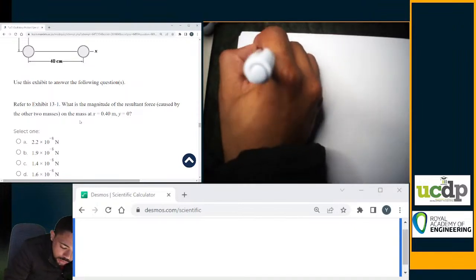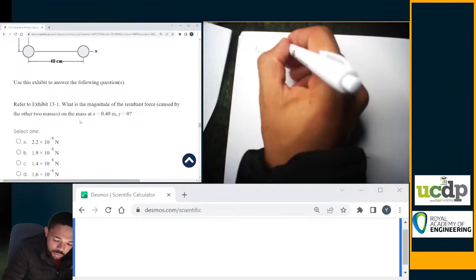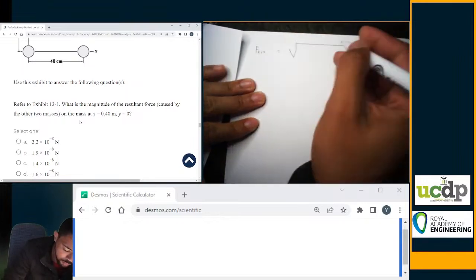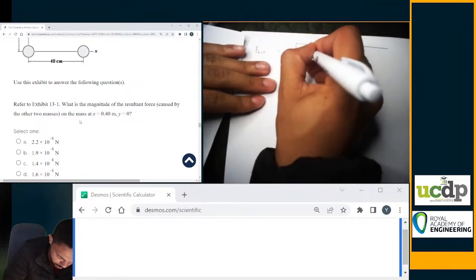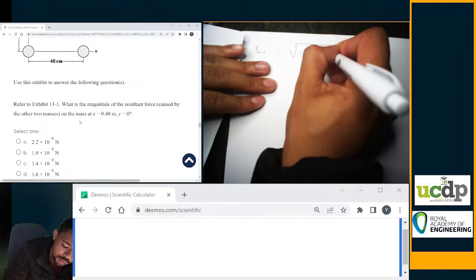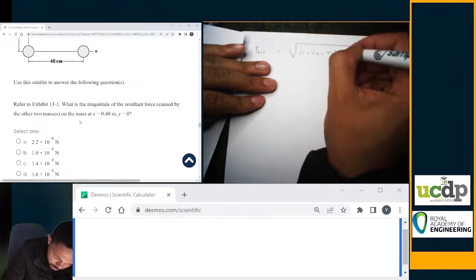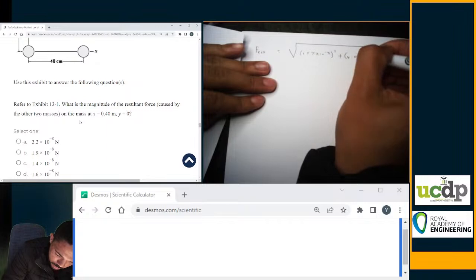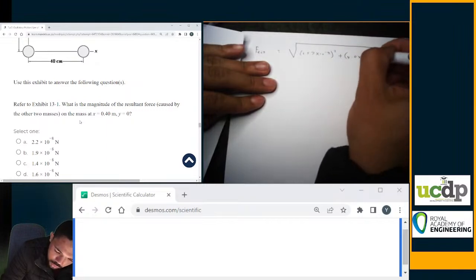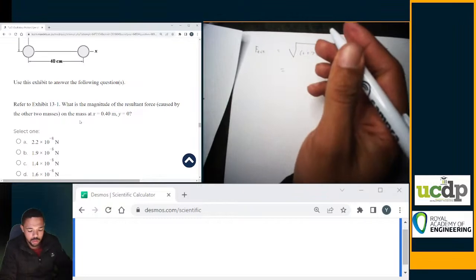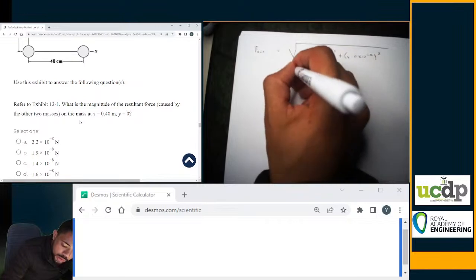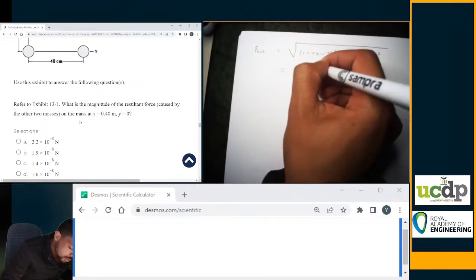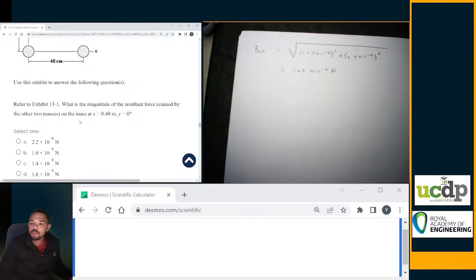F resultant is the square root of the sum of those two squared: 1.57 times 10 to the negative 8 squared plus 4.0 times 10 to the negative 9 squared. If you work it out, you should get 1.63 times 10 to the negative 8 newtons.